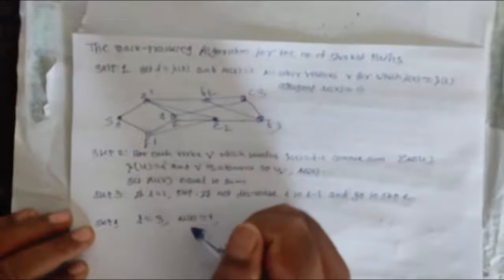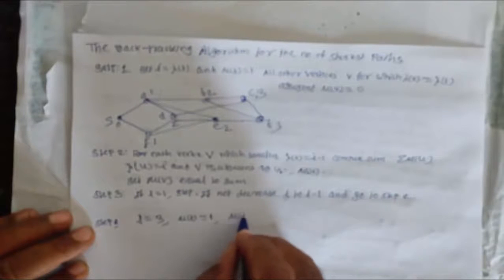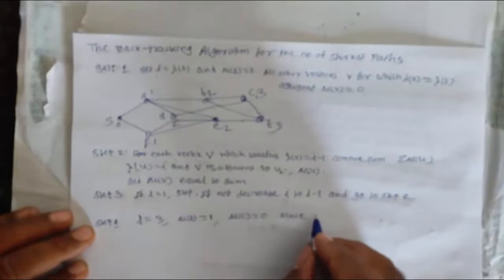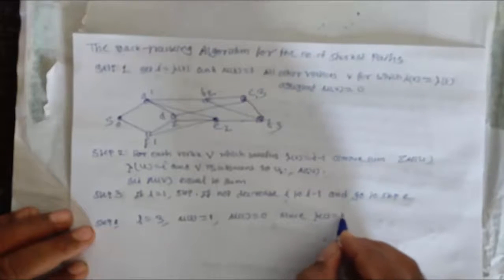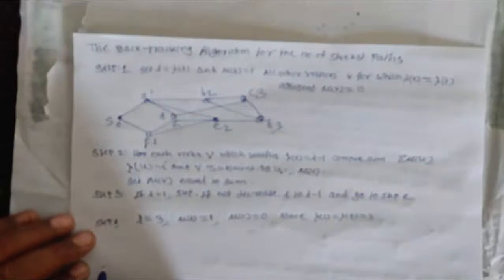And see, lambda of C is equal to lambda of T, so mu of C is equal to 0, since lambda of C is equal to lambda of T, and this is 3.